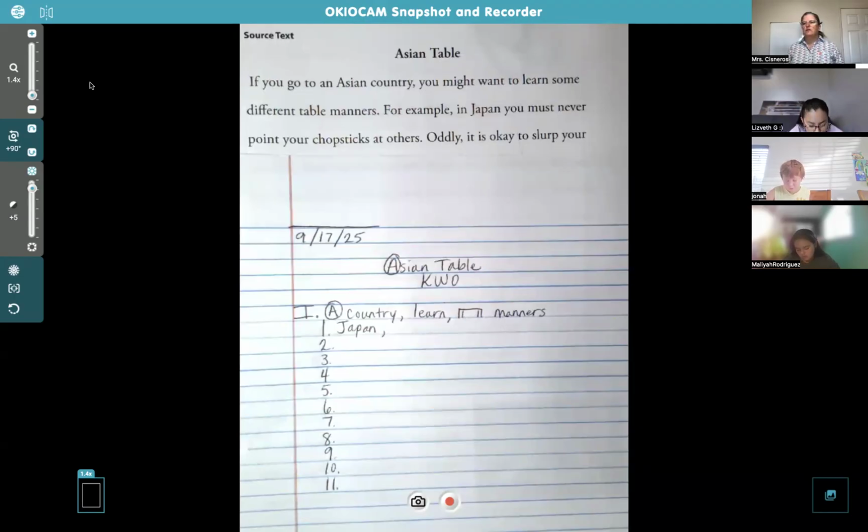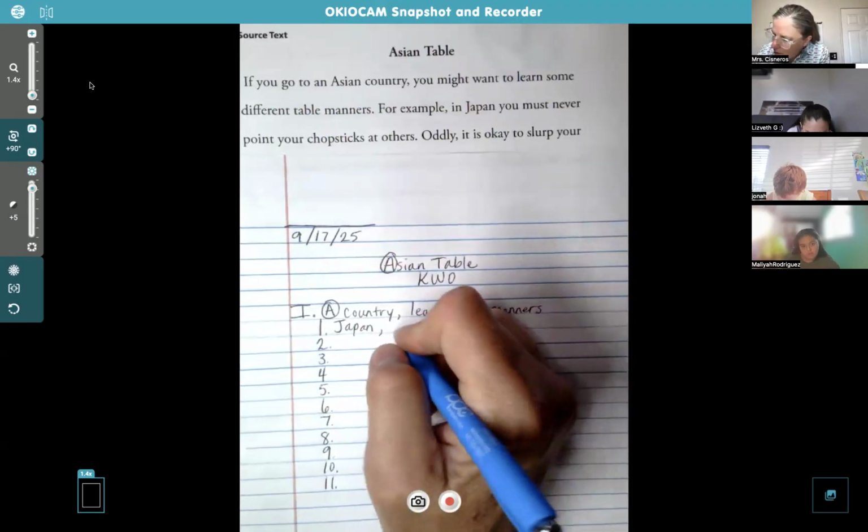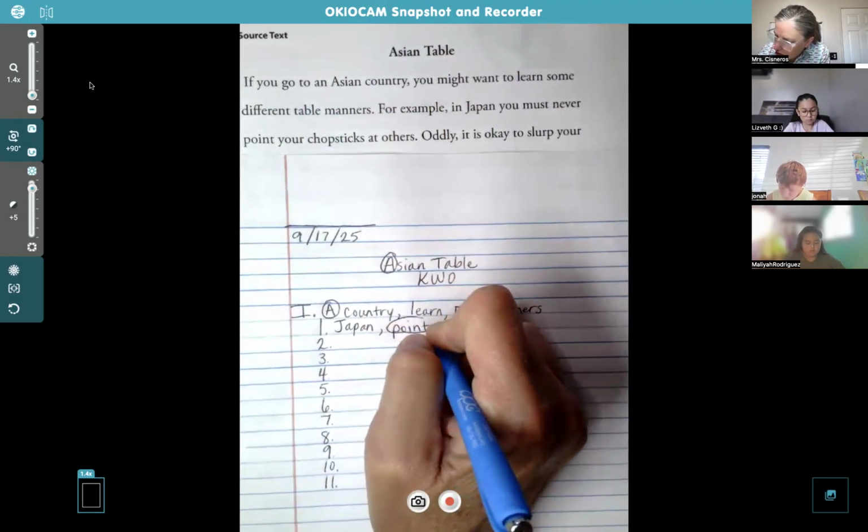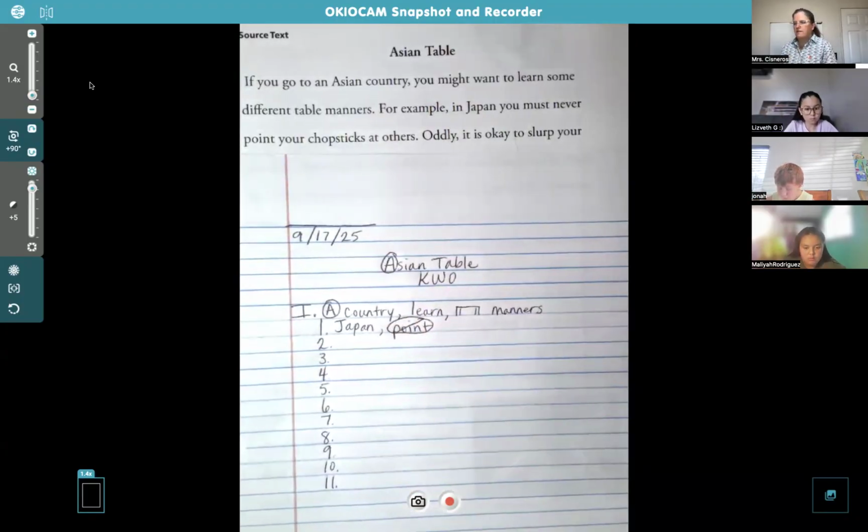Never point. Because I don't know how to draw. I guess you could draw an arrow for point. I'm wondering about putting point and then crossing it out. Remember how we used to do that last year where we kind of circle it and then we draw a line through it like that? But if you want to put point and draw a finger pointing or an arrow pointing, that's okay too.